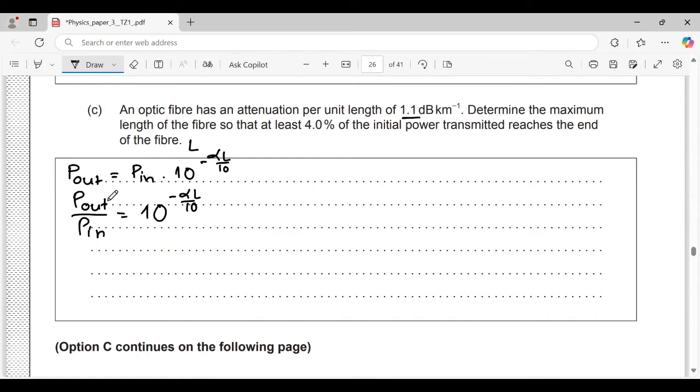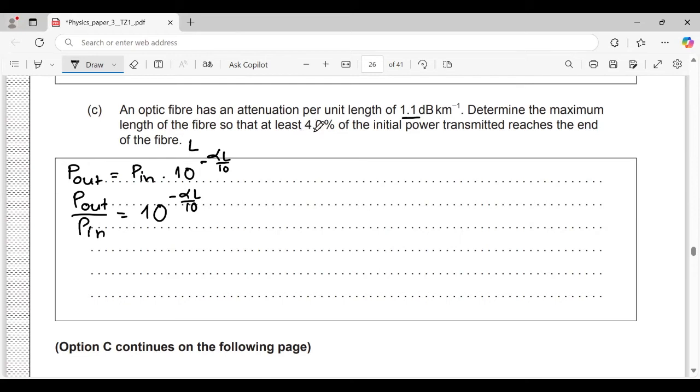P out is the power at the end of the fiber, and P in is the initial power. L is the maximum length of the fiber. The desired fraction of power at the end of the fiber is at least 4%.